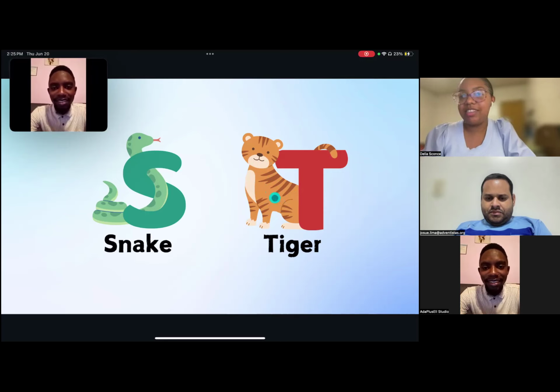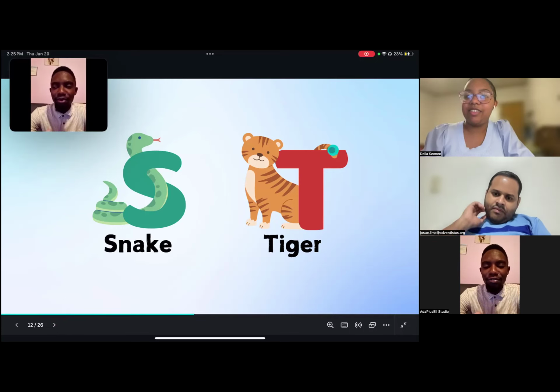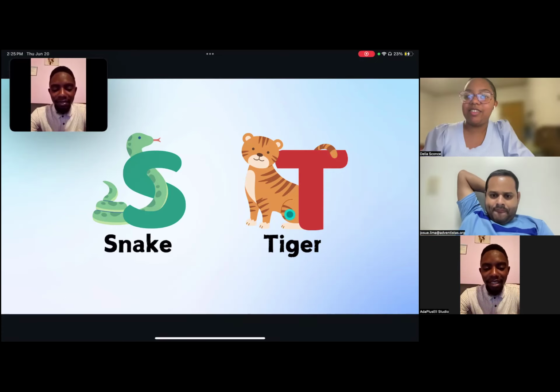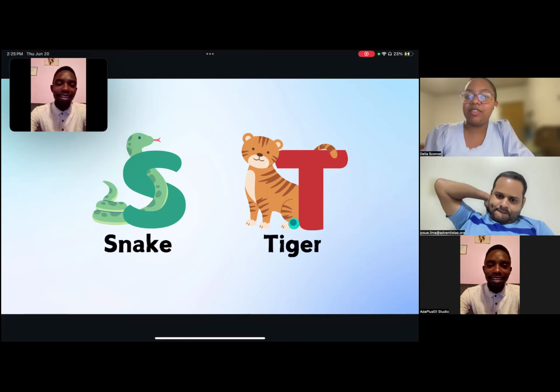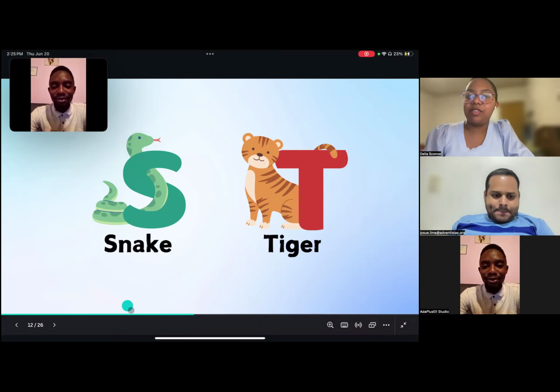And the letter T is in red. It also has a tail, and I think they can walk, they can run, they use different methods to move.